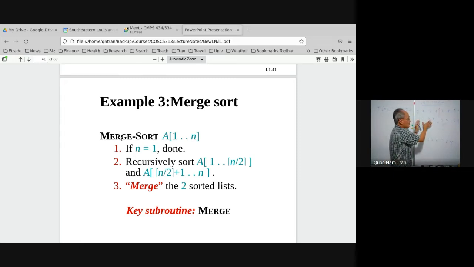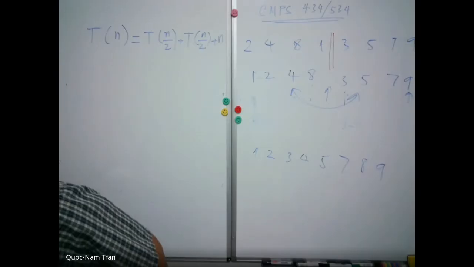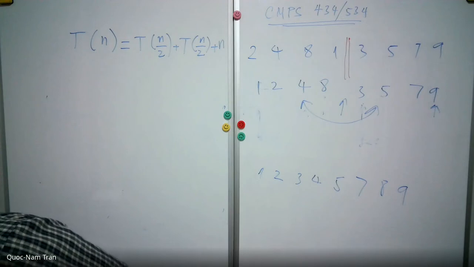The 2 small lists here are sorted. So try to design it by yourself, following the algorithm I explained to you, and analyze it to see why I came up with n. Okay? So now, let me stop presenting here.